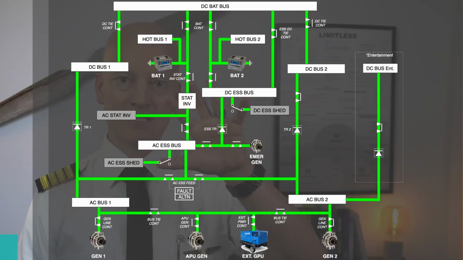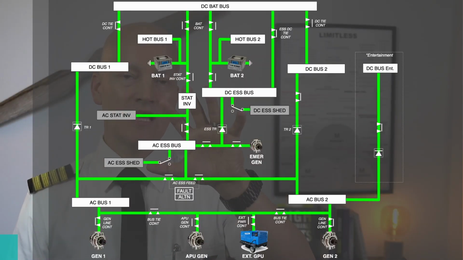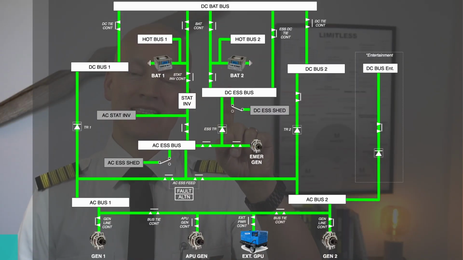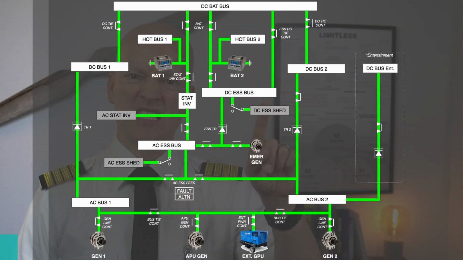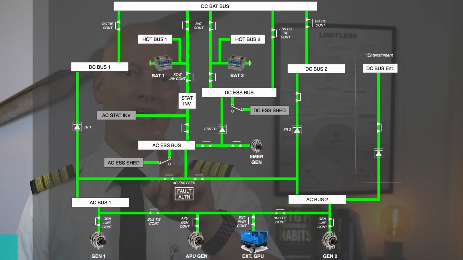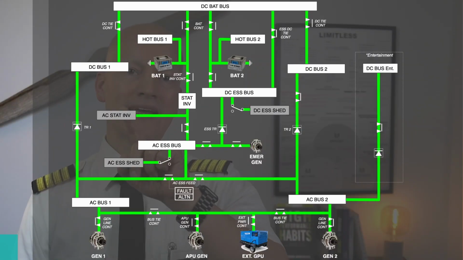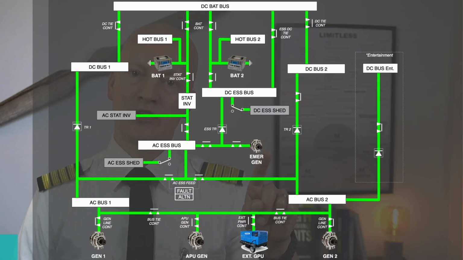In the middle of the schematic, you will see a few extra buses, such as DC Essential Bus, DC Essential Shed Bus, AC Essential Bus, and AC Essential Shed Bus, as well as the AC Static Inverter and Emergency Generator.